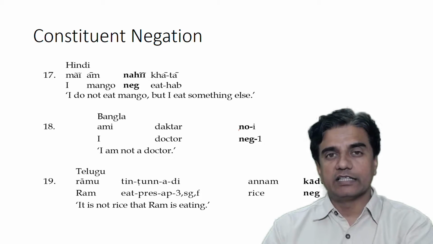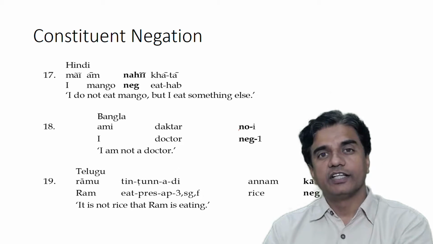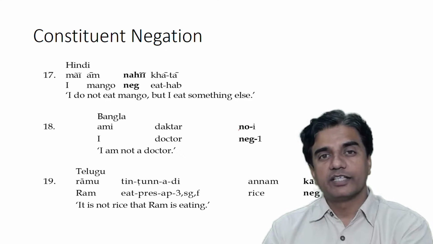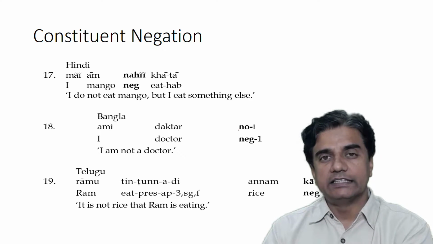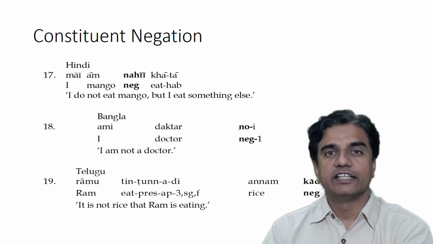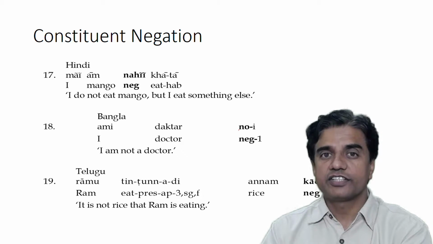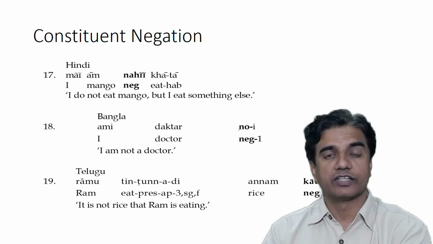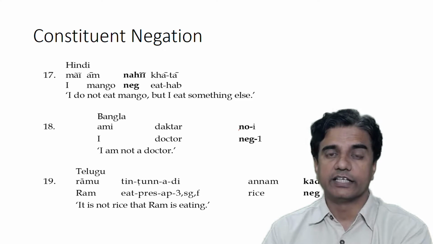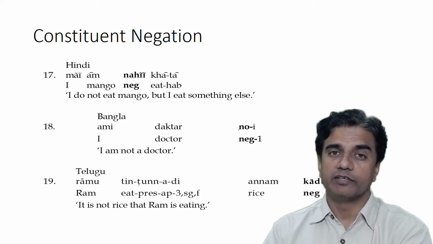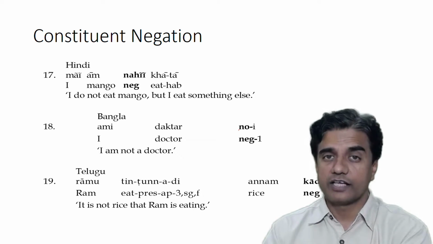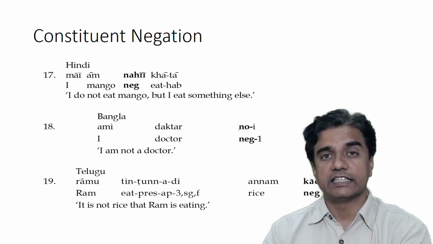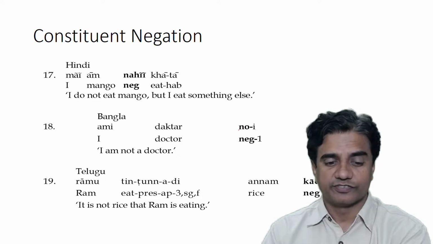In sentential negation, the negative element is part of the predicate and it negates the entire sentence. In sentential negation, the negative marker occurs to the left of the verb, whereas in constituent negation, the negative marker occurs to the right of the constituent that it negates on the surface structure.